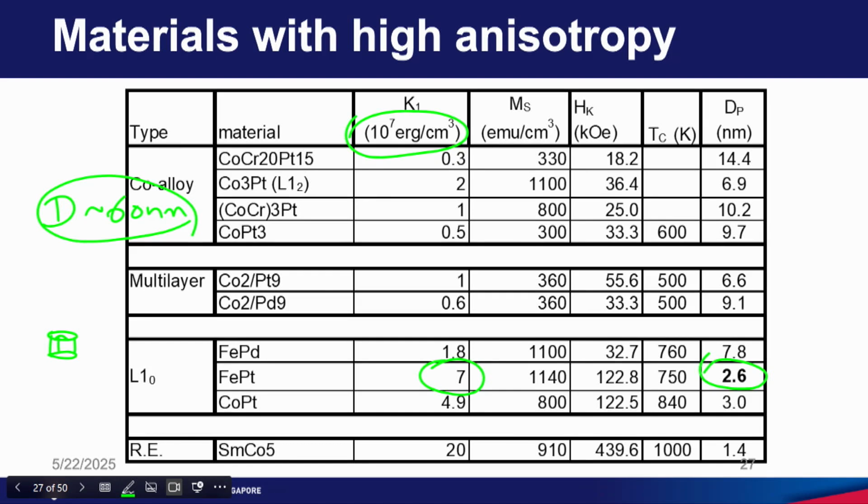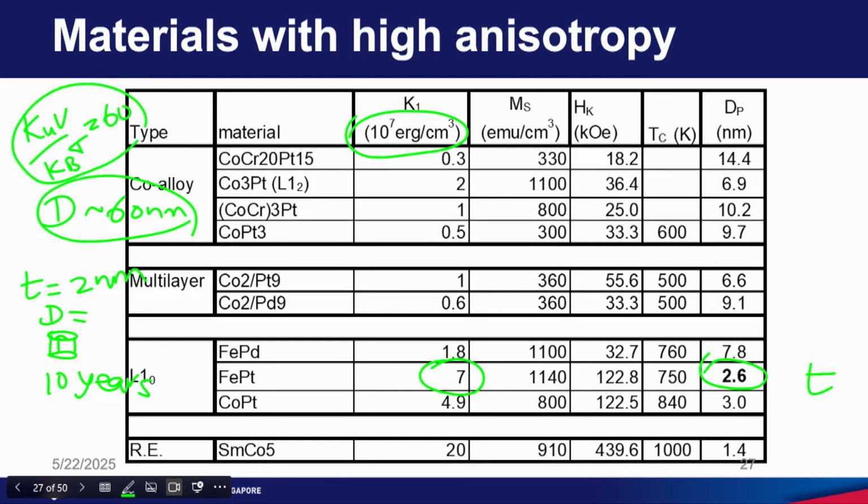Okay, so in this particular case, I don't remember what the thickness is. But you can calculate, let's say if your thickness is 2 nanometer, what will be the diameter of iron platinum that can retain the information for 10 years. You can calculate based on the formula KUV by KBT to be 60. Okay, so KU you take from here.